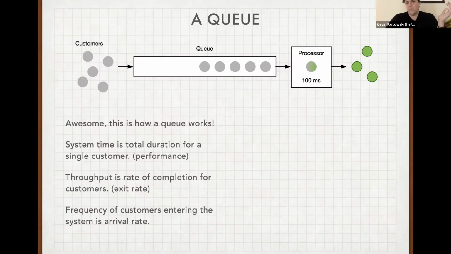This is how a queue works. So the system time, and I'll use some of these terms throughout here. The system time is the total duration for a single customer.